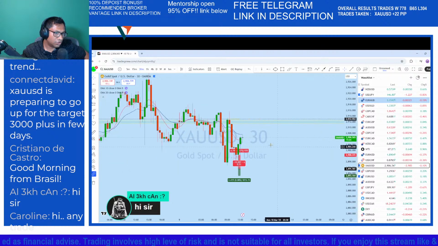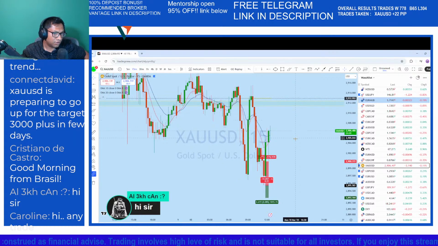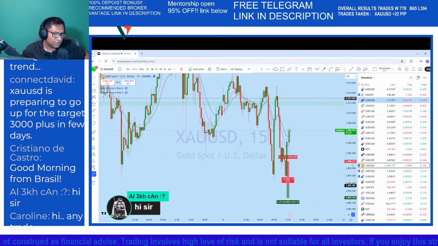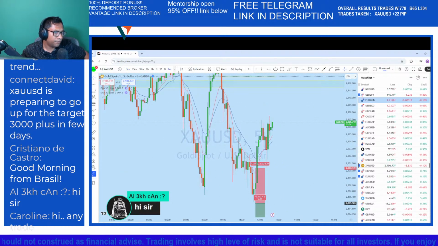So you see that there is a doji formation here, and with the doji formation, we are expecting the market to potentially retest and then create a new lower low.